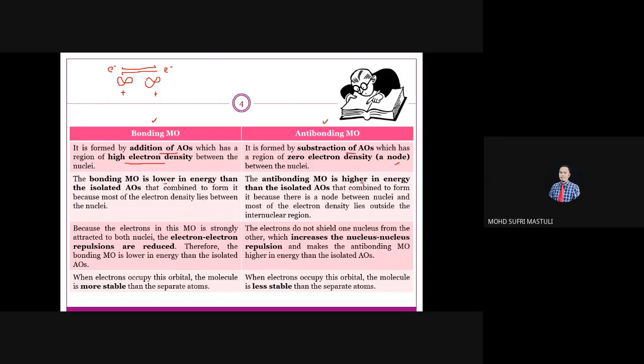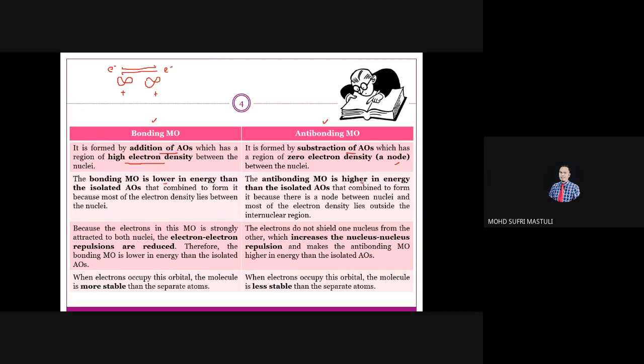Even though they are attracted to each other, the electrons also feel repulsion. The nuclei also feel repulsion. Why repulsion? Because they have a similar charge, negative charge, negative charge. So they repel.